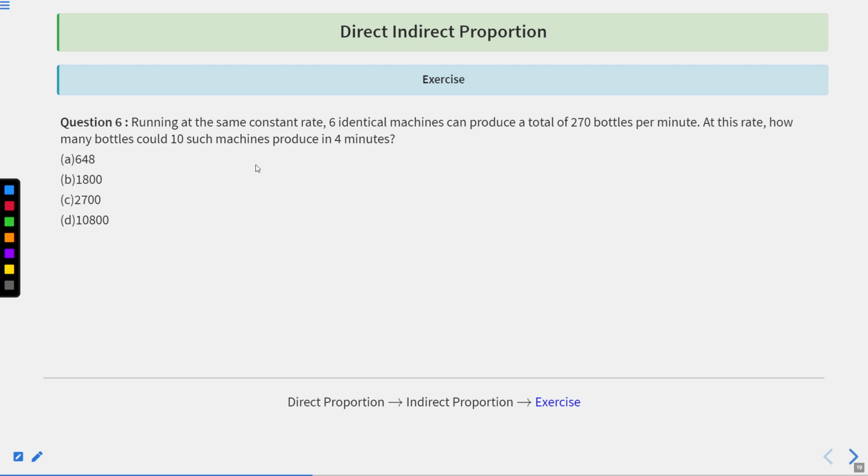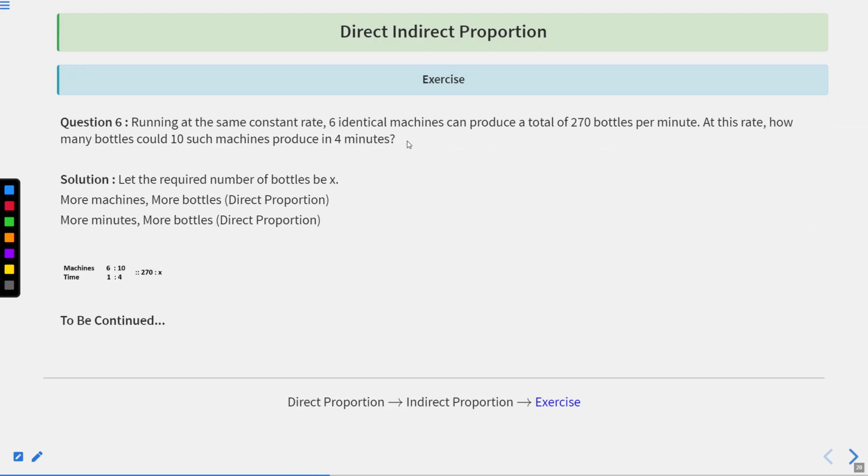Question number 6. Running at the same constant rate, 6 identical machines can produce a total of 270 bottles per minute. At this rate, how many bottles could 10 such machines produce in 4 minutes? So let the required number of bottles be x. So more machines, more bottles, that is a direct proportion, and more minutes, more bottles, that is also a direct proportion.